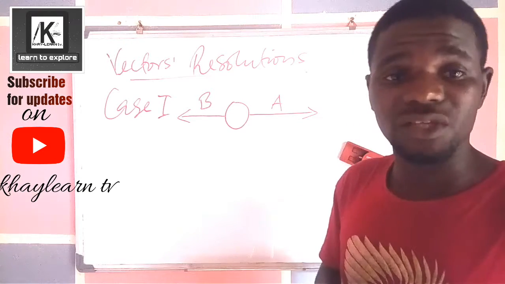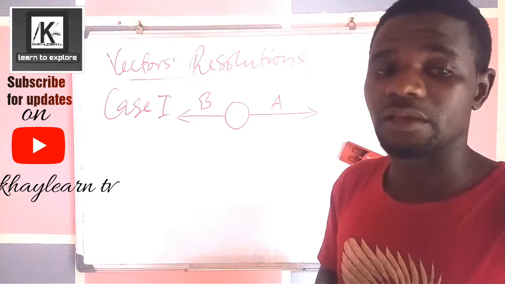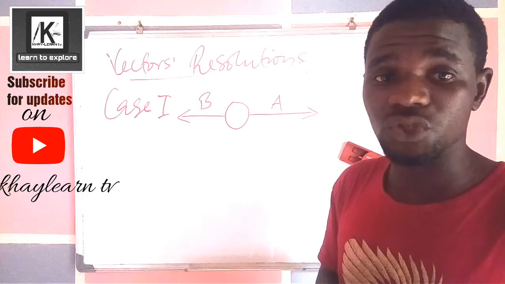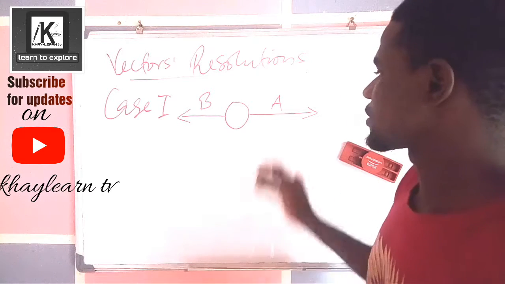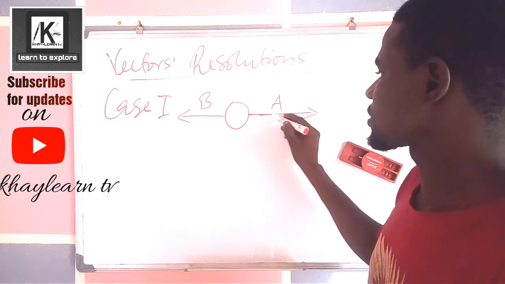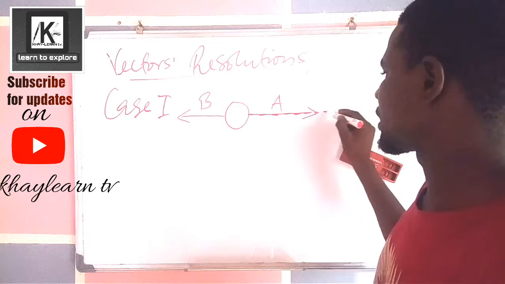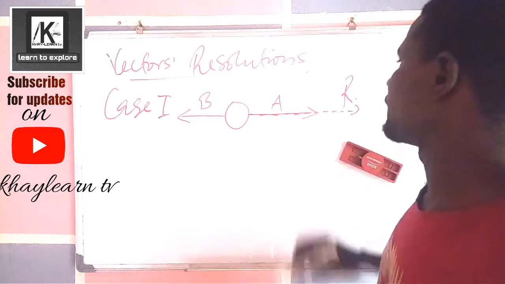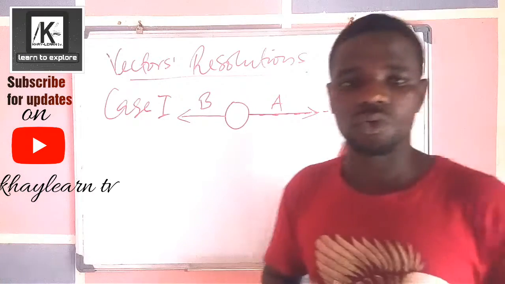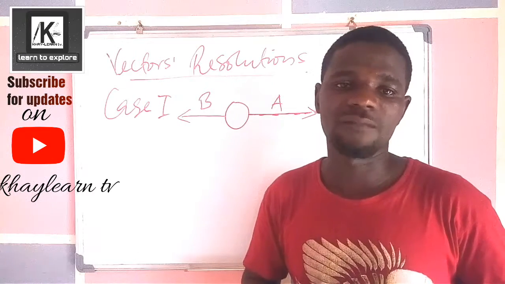Since A is the greater vector, our resultant vector will be towards A's direction. That means our resultant will be along A's direction, which is the resultant vector R. So how can we determine this type of resolution?